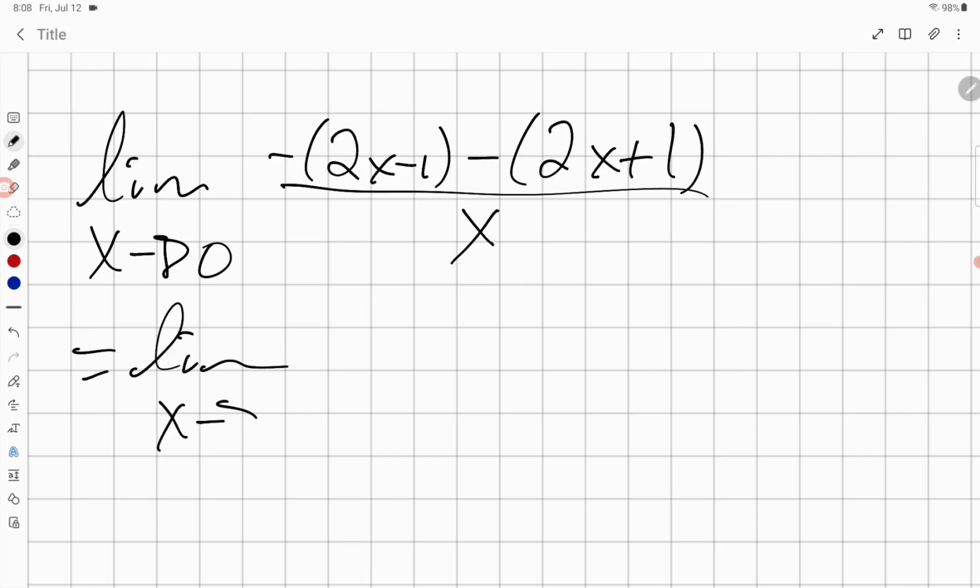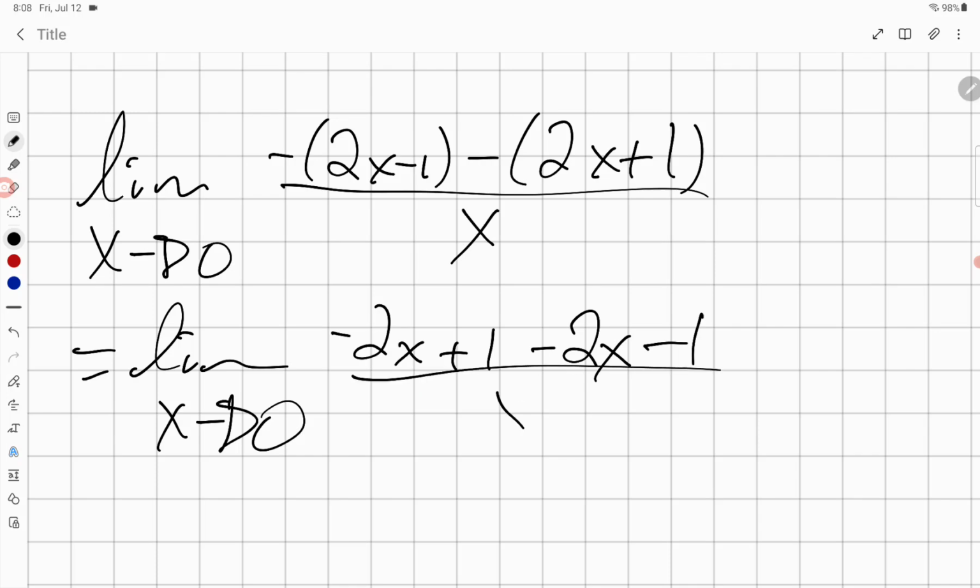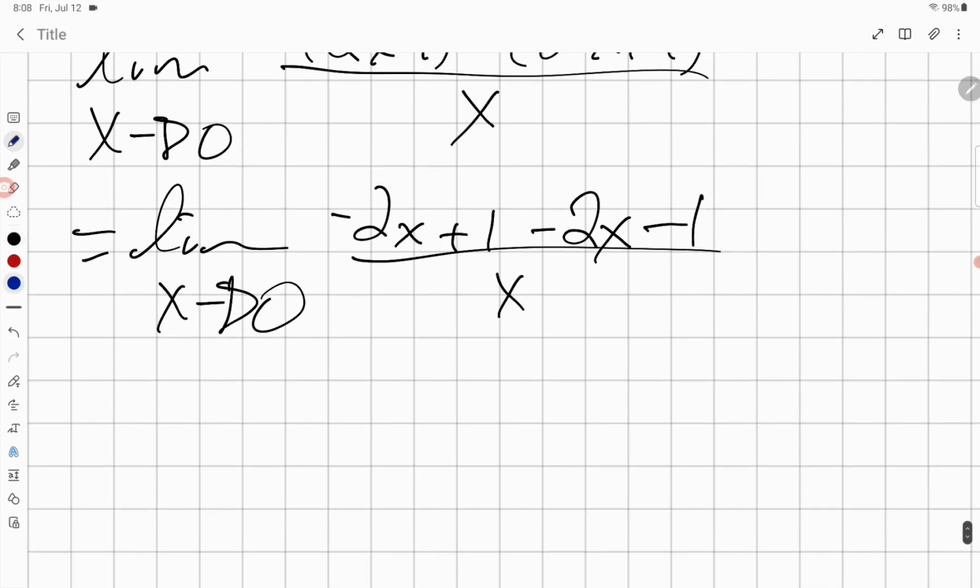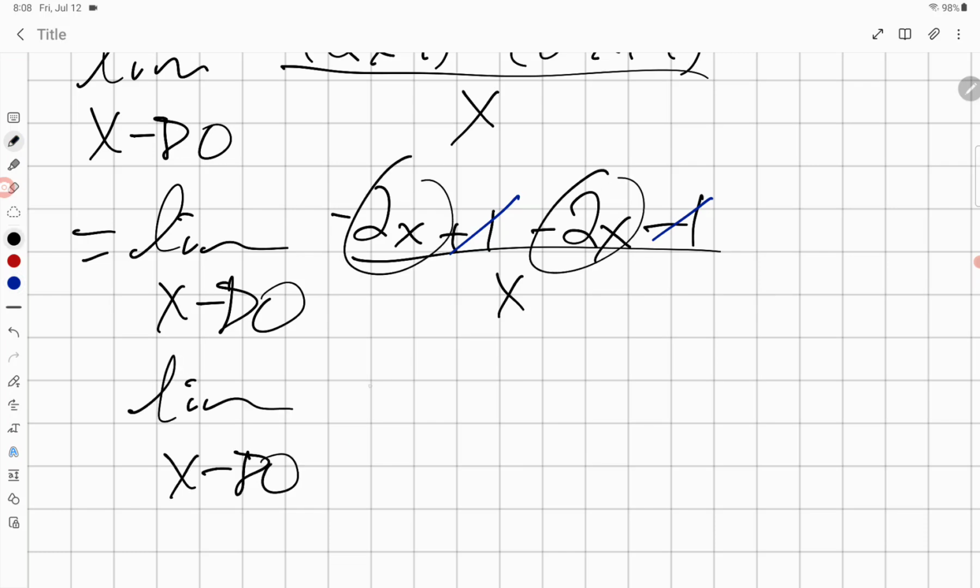The limit as x goes to 0 of negative 2x plus 1, minus 2x minus 1, over x. These cancel, so what's left is the limit as x goes to 0 of these two combined, negative 4x over x. Of course the x's will cancel. In fact, all that remains is what?